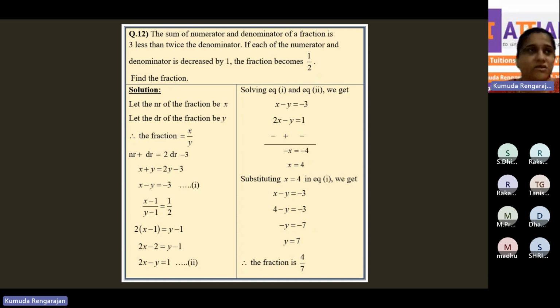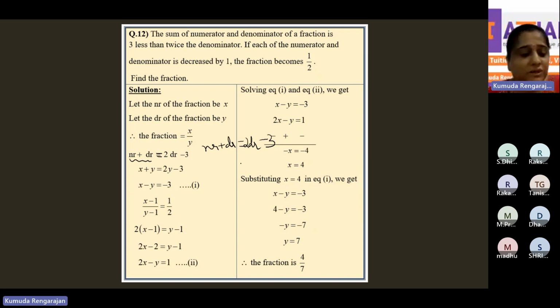Okay, I'll just finish with the online students and come to you. Online students, those who want the explanation, please listen. What is given? The sum of the numerator and the denominator, that means NR plus DR, is 3 less than twice the denominator.